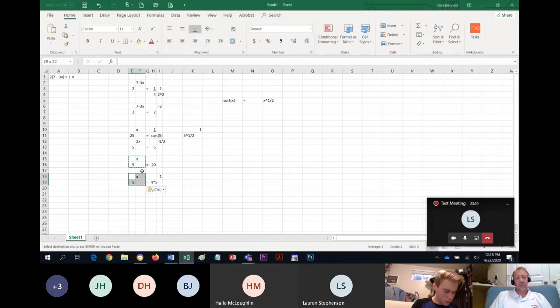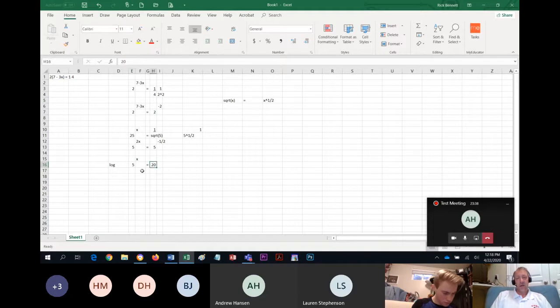So since we can't really do that, what's the next option? Would you take the log of 5? Yeah, do you want to take a base 10 log or a regular log? Or a natural log? Regular. So the regular meaning what? Meaning base 10? Yeah.